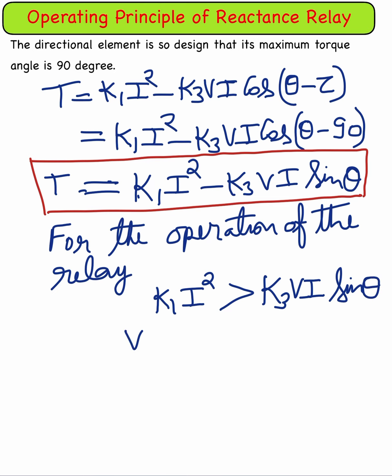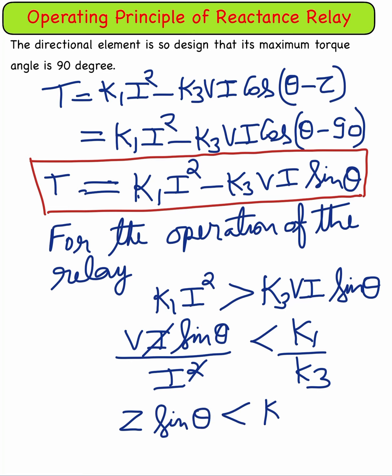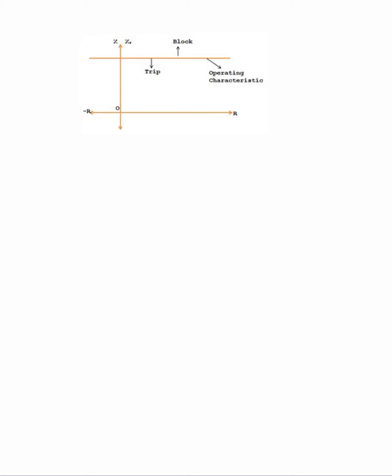So VI sin theta upon I square should be less than K1 upon K3. So this I is cancelled. So V upon I is Z, Z sin theta less than K1 upon K3.